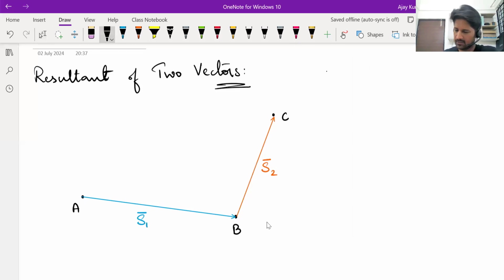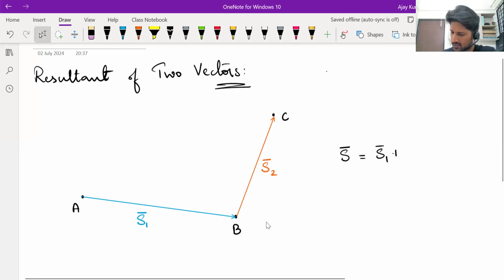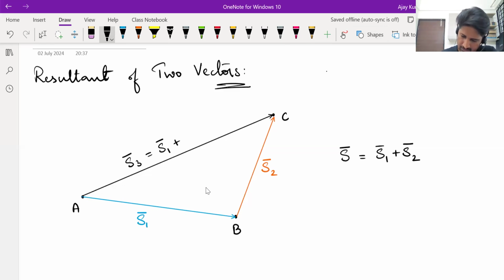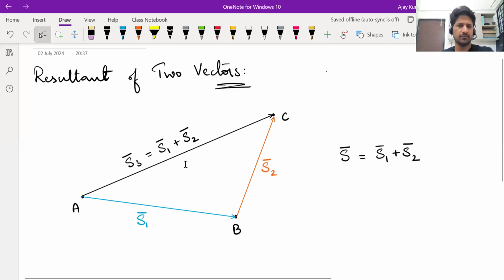Generally, we know that the effective or total displacement of an object is the sum of small displacements, right? It's a known thing, we had discussed it in motion in a straight line also. Here, total displacement is the displacement from A to C. So this third vector that we have drawn, S3, is the sum of the first two vectors, S1 plus S2, because that third displacement is the sum of the first two displacements.